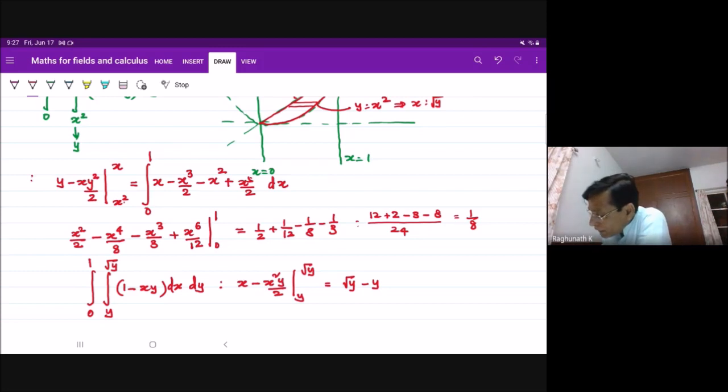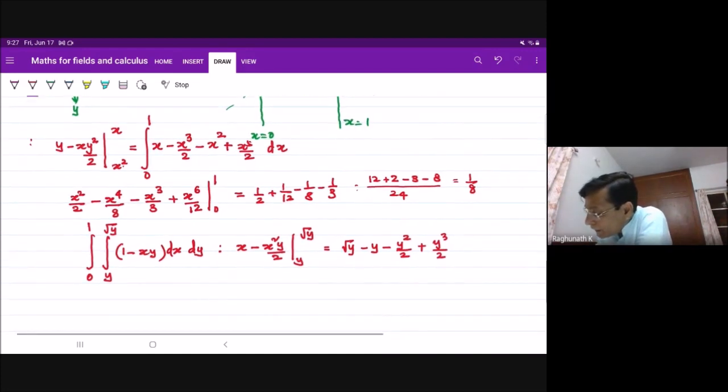Root y minus y minus y x squared, y squared by 2 plus y cubed by 2. Correct? No?